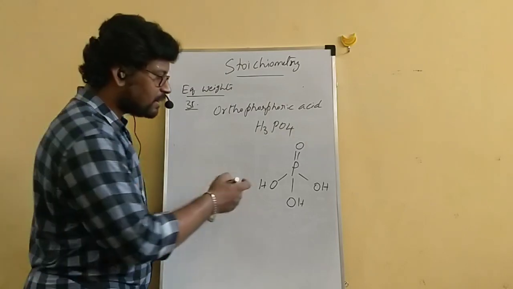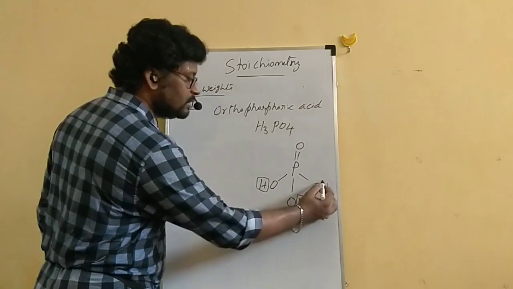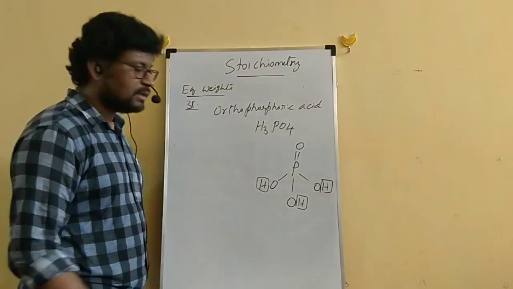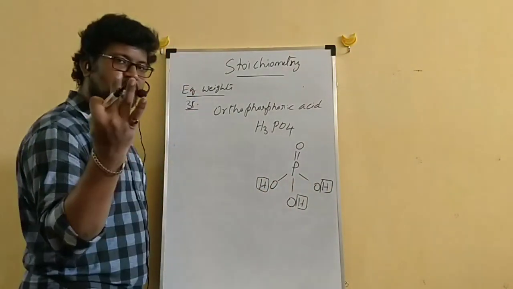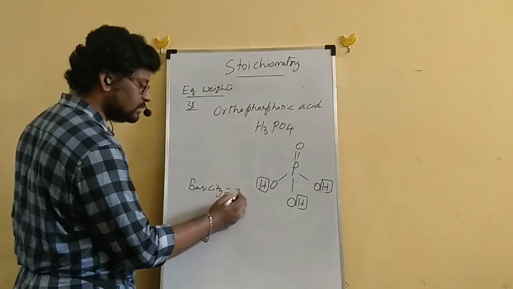That means the number of hydrogens bonded to oxygens is called basicity. This is an acid and we have to calculate basicity. How many hydrogens do we have? 3 hydrogens. So basicity is equal to 3.